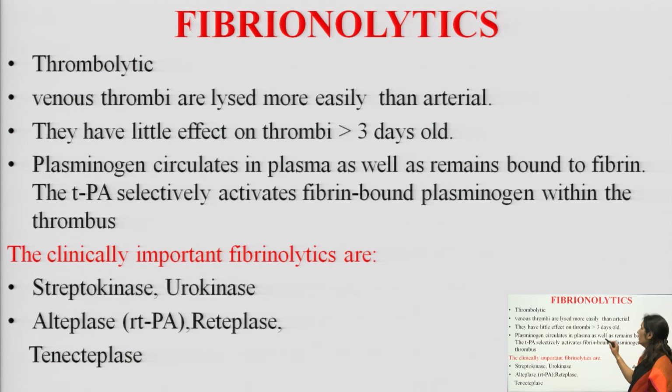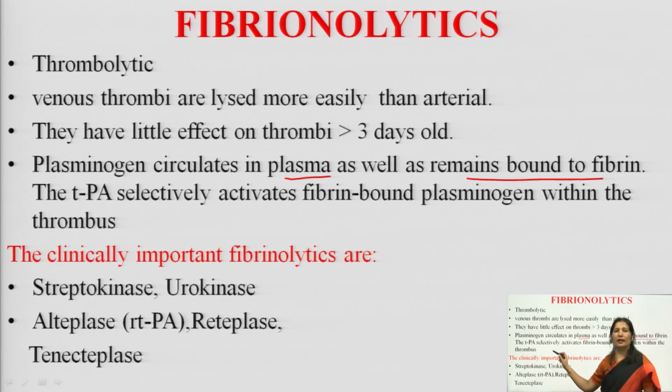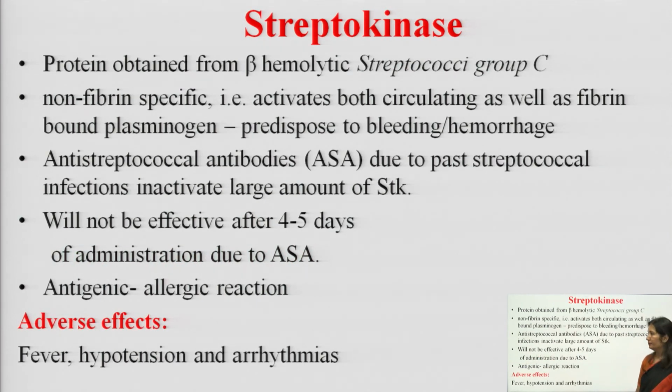Plasminogen, as I have already told, circulates in plasma as well as remains bound to fibrin, and this tPA, tissue plasminogen activator, selectively activates fibrin-bound plasminogen within the thrombus. So, important fibrinolytics are streptokinase, urokinase, alteplase, reteplase and tenecteplase.